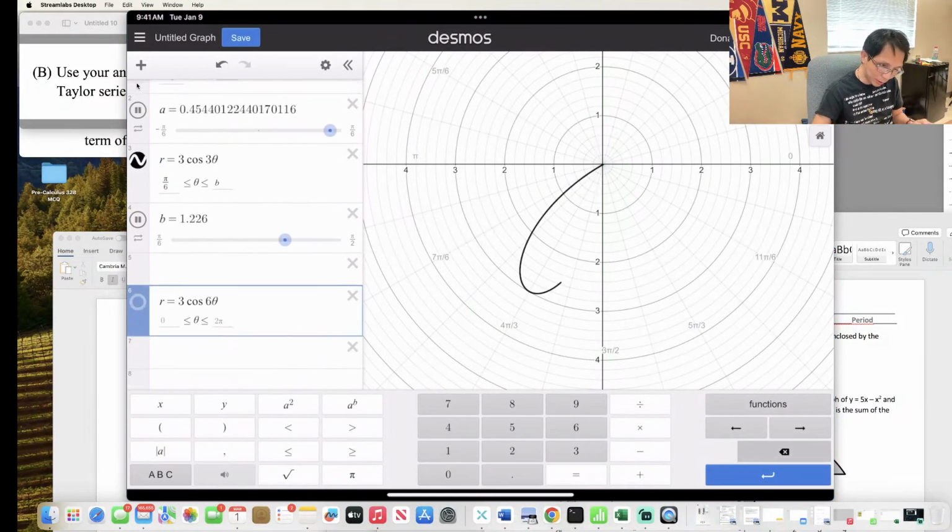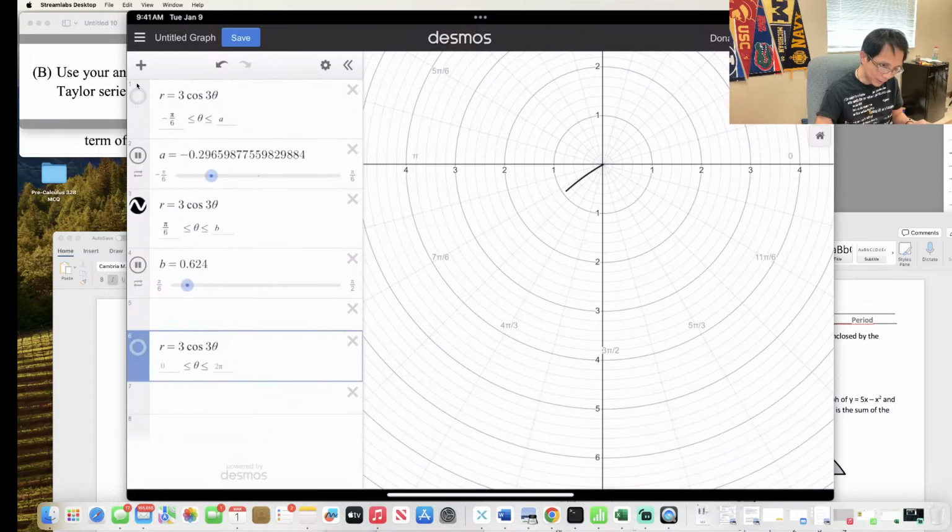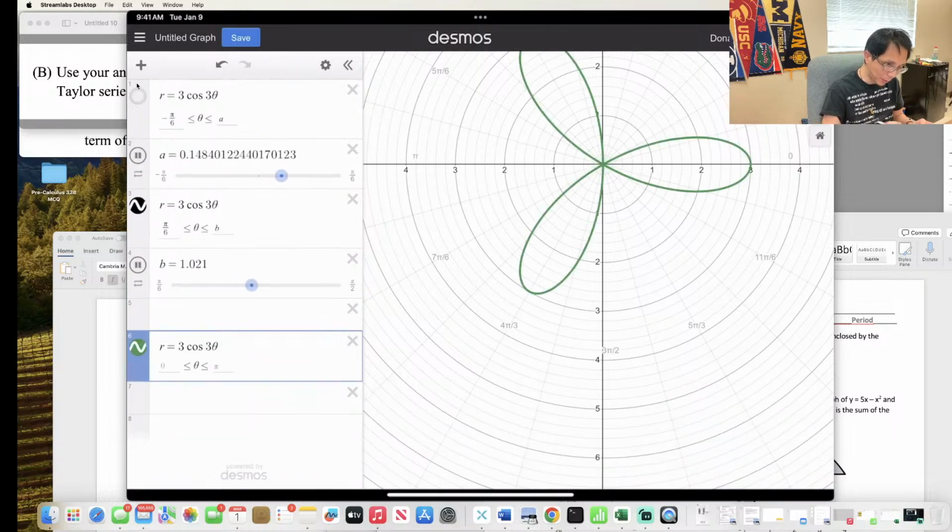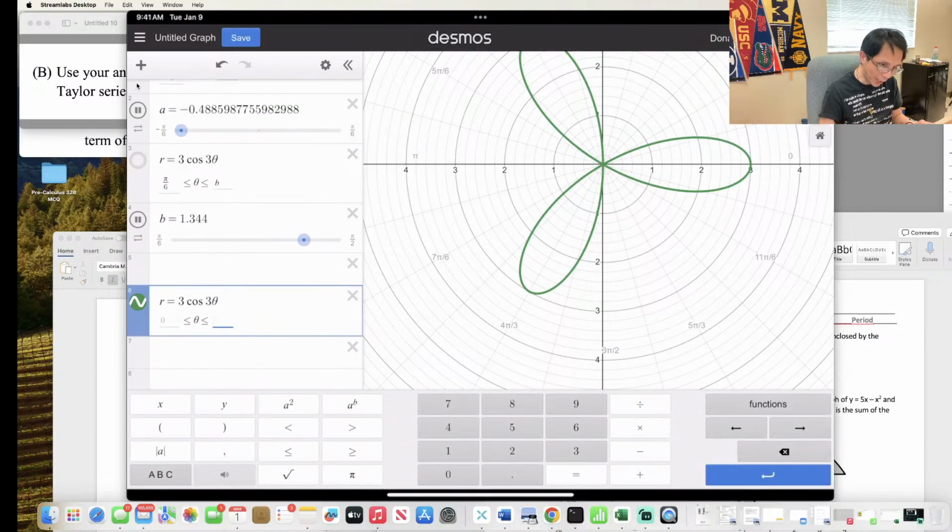If you look at cosine 3 theta like this, 0 to pi is already traced once. You see that green one? 0 to pi is already traced once. 0 to 2 pi is traced twice. Same graph traced twice. So you actually find the area of 6 paddles rather than 3 paddles. So you cannot take this area and say, oh, I'll just divide it by 3. No, if you do 0 to 2 pi, you have to divide by 6.